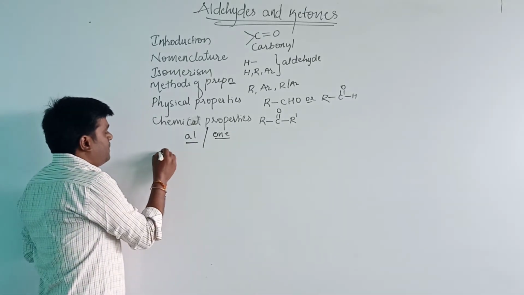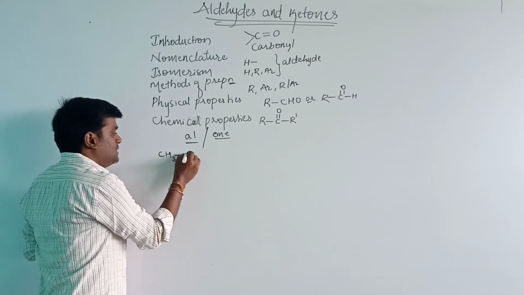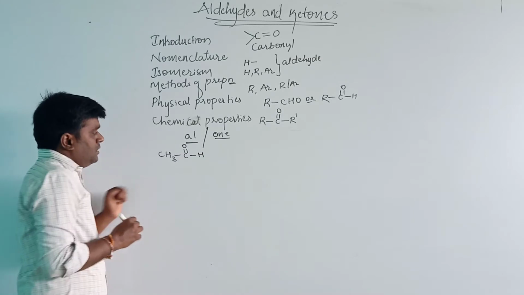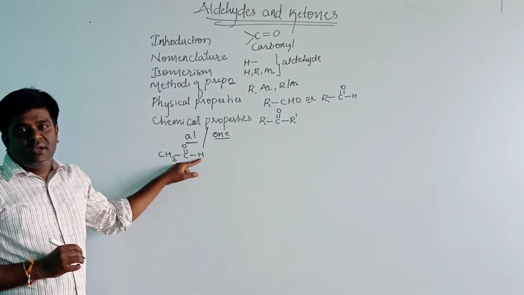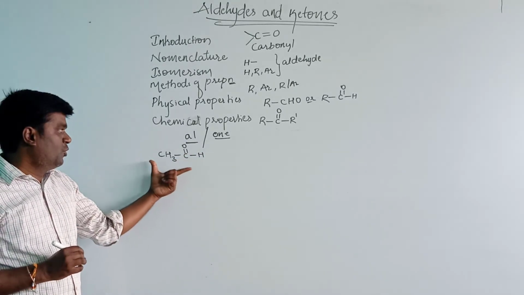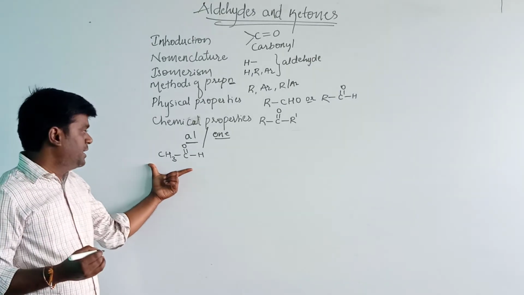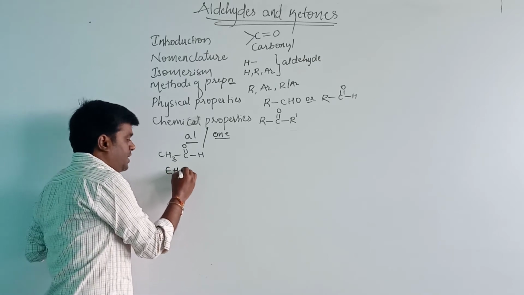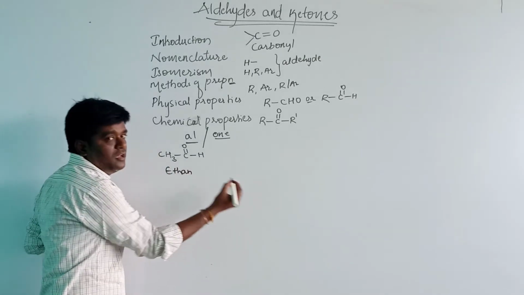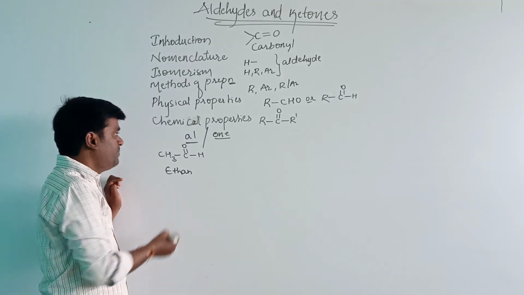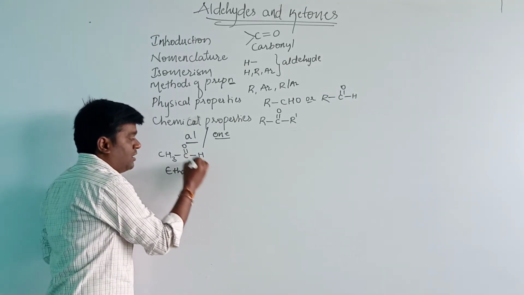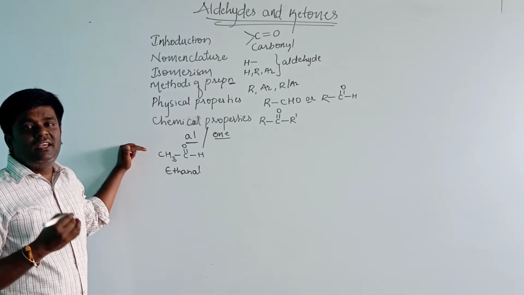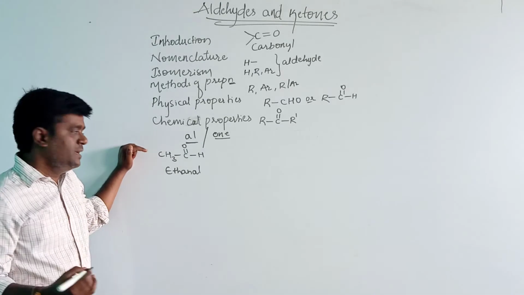Consider an example: CH3-C double bond O-H. One of the valencies is satisfied by hydrogen, therefore this compound belongs to the aldehydes. There are two carbon atoms, therefore the saturated parent is ethane, the terminal e is replaced by al, that is ethanal. The name of the compound is ethanal, and generally it is known as acetaldehyde.